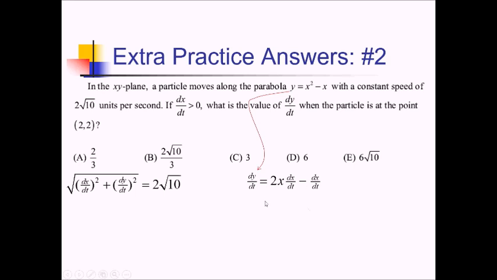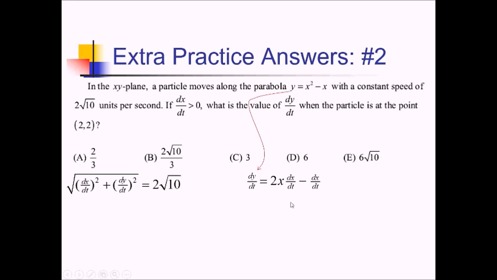My goal in everything I'm doing over here is, at some point, to get an equation where I can substitute something with a dy over dt for a dx over dt, because, just thinking ahead here, I want to substitute for this dx over dt in our original speed equation.